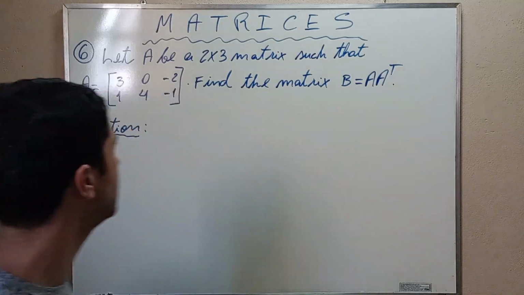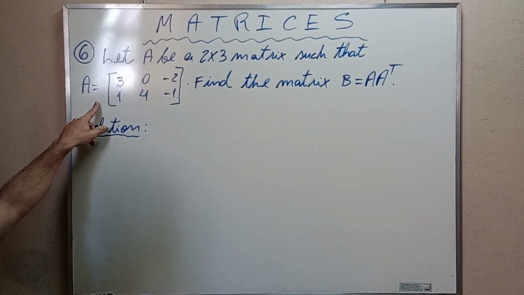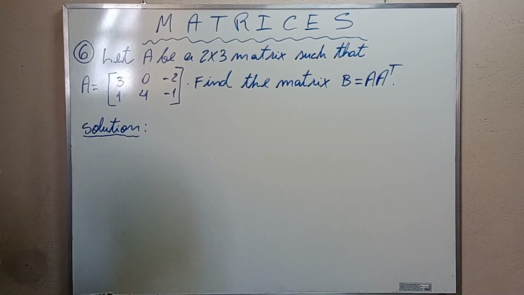Exercise number 6. Let A be a 2 by 3 matrix such that A is this matrix. Find the matrix B equal to A times the transpose of A. Okay, my friends, this is the exercise. Let's go to the solution. By definition, the transpose of a matrix is generated by converting each row of the original matrix into a column.